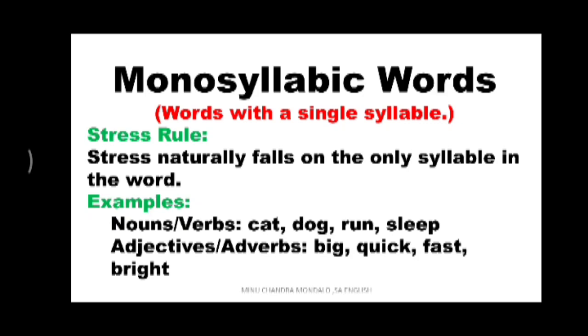For example, the noun or verb words cat, dog, run, sleep are monosyllabic words, and these syllables need the stress at the very beginning of the word. Similarly, adjective or adverb words like big, quick, fast and bright also need the stress on the very beginning of the word. So from this it is clear that in the case of a monosyllabic word, the stress falls on the only syllable in the word.